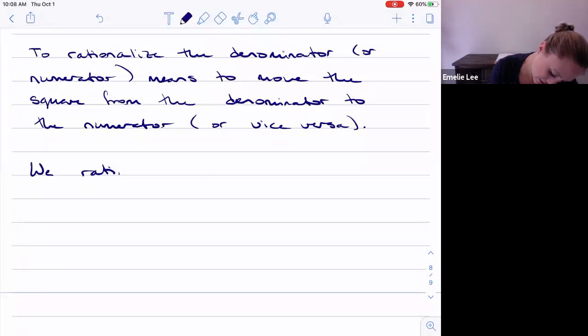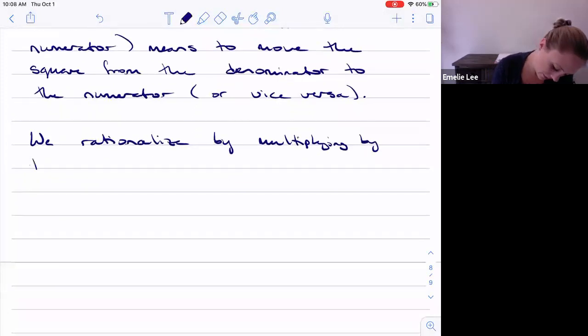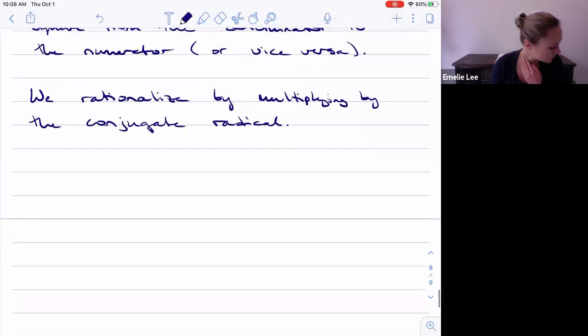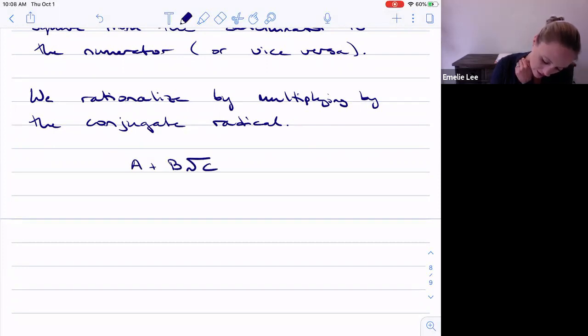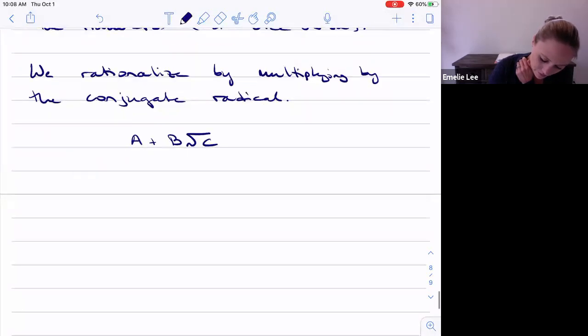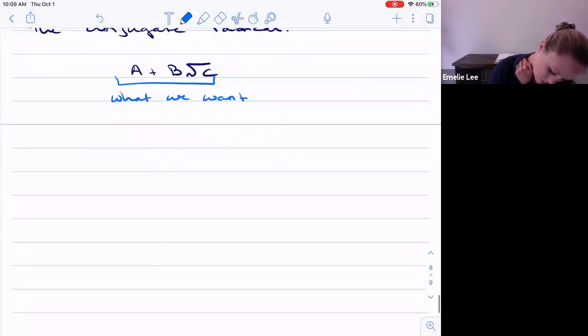Okay. We rationalize by multiplying by the conjugate radical, right? So if we have something like a plus b root c, right? So here, just make a note what we want to rationalize.